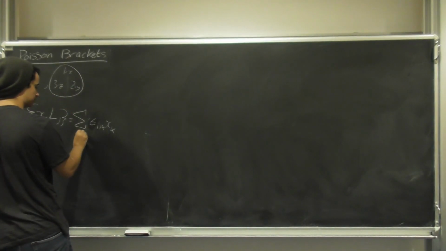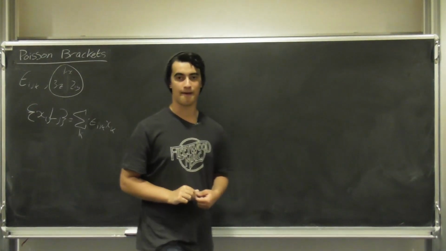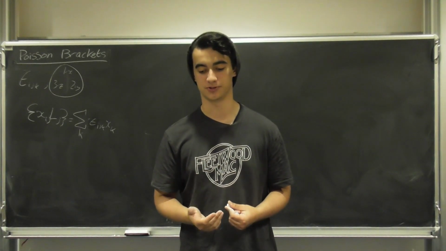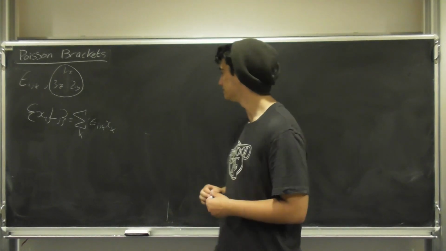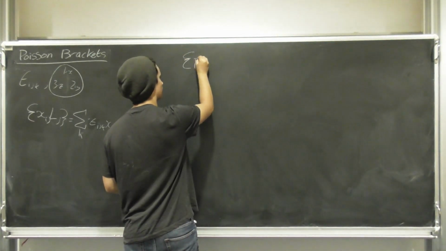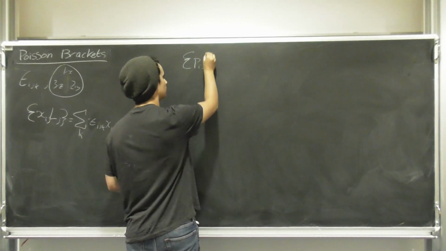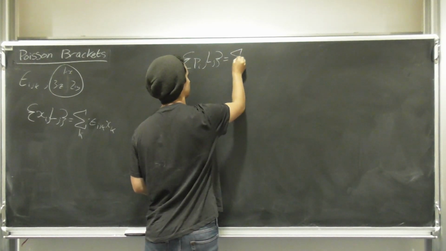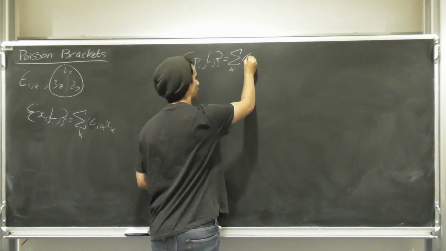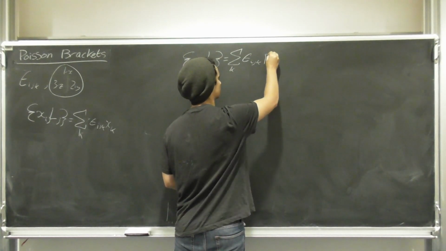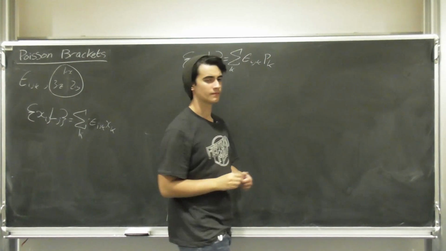I also meant to say this is being summed over k. Right, so now we can also use this to help us with momentum as well. So we could take the Poisson bracket of some p sub i with some L sub j, and we will equally find this to be the sum over k of epsilon of i, j, k times p sub k.